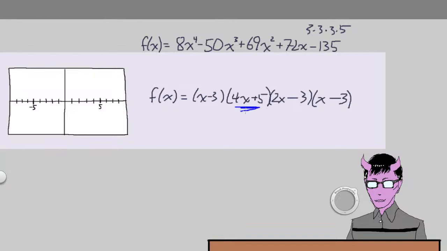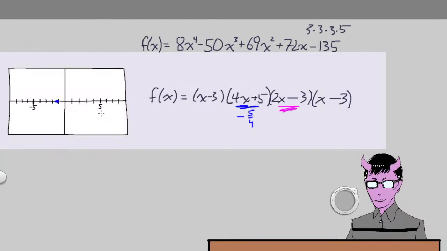All right, we have 0 number 1 at negative, what was it? Negative 5/4, which is like here-ish. So 0 number 1. Then we have 0 number 2. Where's that? What's the next smallest one? This one.